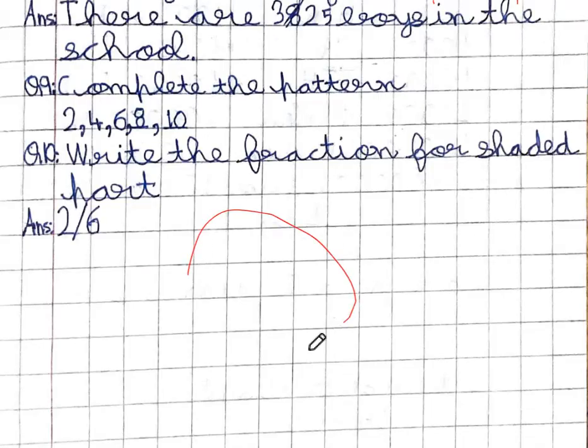For example, if we have a circle figure like this and it is cut into 6 parts. 1, 2, 3, 4, 5, 6, and please assume these as equal parts. Then if we shade only these two portions, we can call it as 2 by 6.